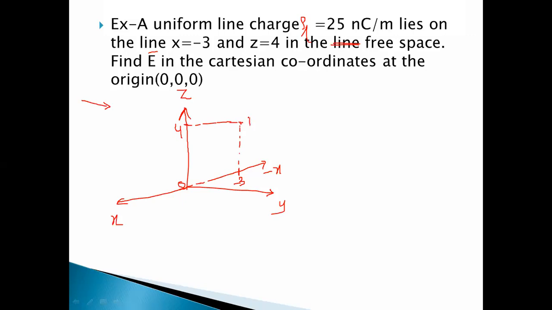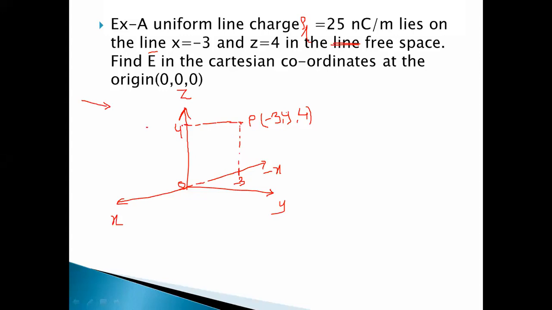Suppose this is point P. Can anyone tell me the coordinates? The x coordinate is -3, the y coordinate is not given, so y will be as it is, meaning the y coordinate is 0 suppose, and the z coordinate is 4. So here we have to draw one line which is parallel to the y axis, because the y coordinate is not given.